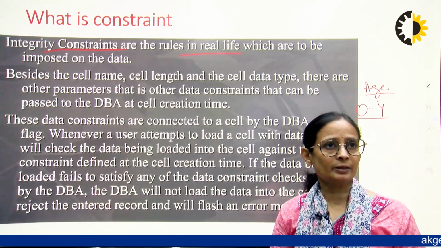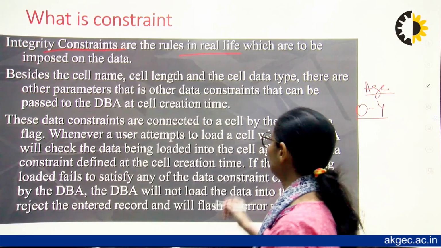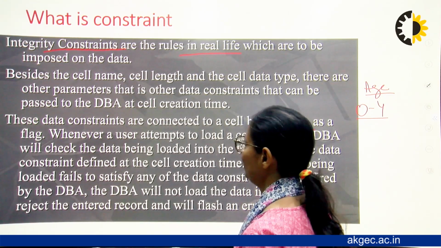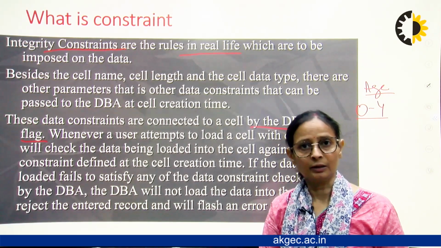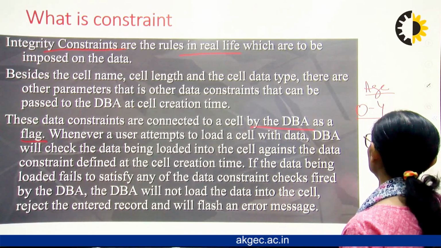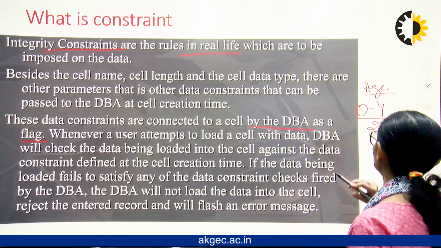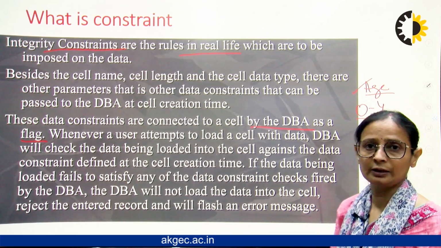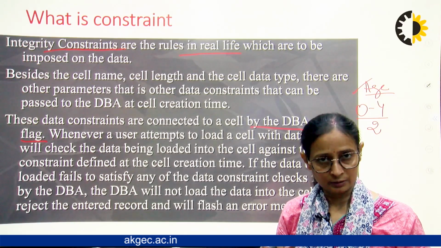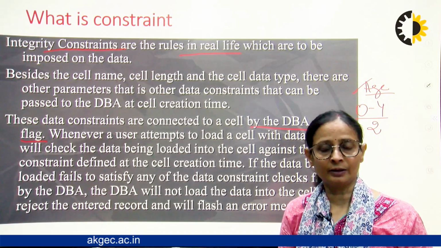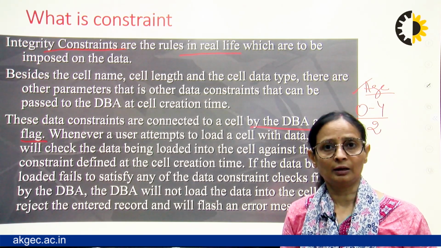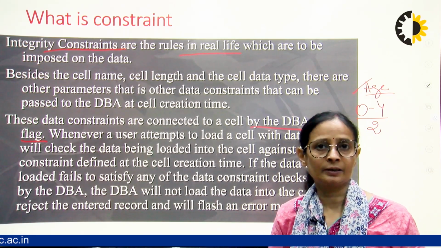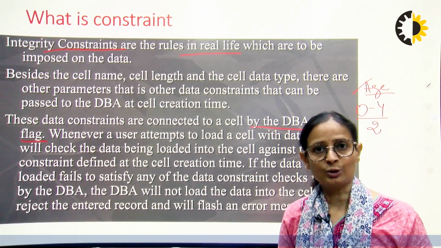These data constraints are connected to a cell by the DBA as a flag. So whenever you are trying to enter an age, for example 2, in this field, then from your database, your admin DBA, an error message will come that this entry is not allowed.